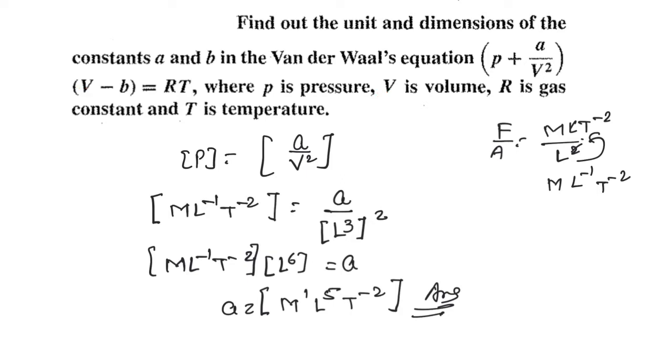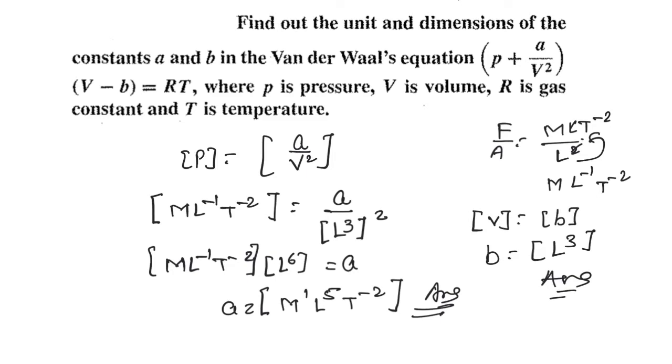So if V is volume, what will be B, class? Volume. Because volume minus volume is possible. Volume minus length is not possible. So we can say the dimensions of V is equal to the dimensions of B. So the dimensions of B will be volume, that is L cube.